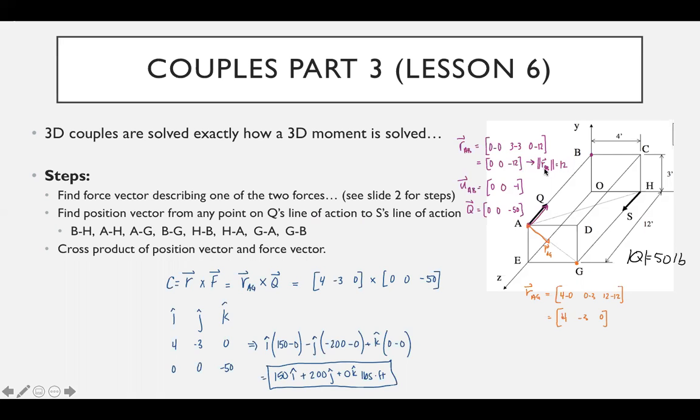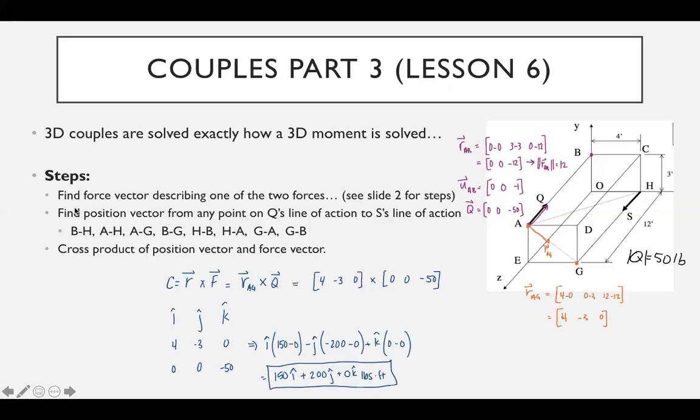Then I just divide all three of these terms by 12, so I get 0, 0, negative 1. Again, quick check, if I square all of these and then square root them, I end up with 1. So boom, that's what we want. Unit vector is a magnitude of 1. And then I multiply my given magnitude through that vector. So 0, 0, negative 50 for my vector. That's my force vector Q.